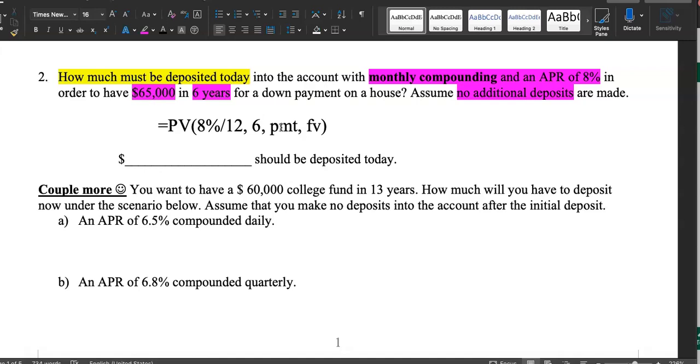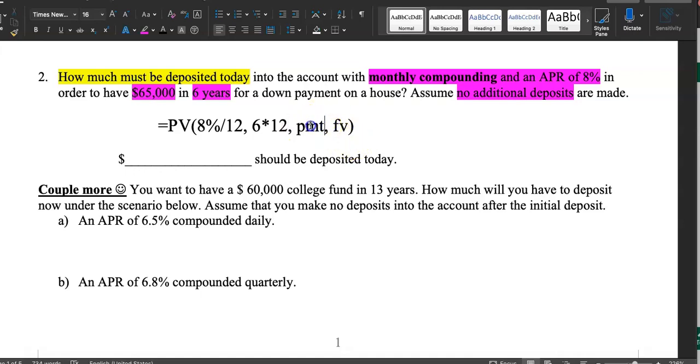So how many months do we have in 6 years? What you can do is 6 times 12. And remember that was the exponent in the compounding formula, right? So make sure you do 6 times n, 6 times 12 in this case. But if it was daily compounding for the next 6 years, then you would have done 6 times 365.